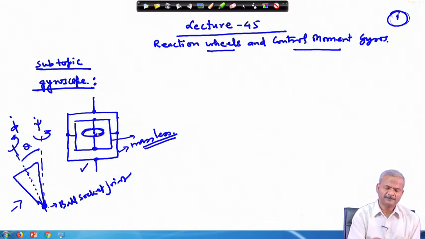This wheel will have rotation about this axis and about this axis. It is an anti-clockwise rotation. So, theta dot here, psi dot here, and then it is rotating about its own axis, spinning, which we have written as phi dot.